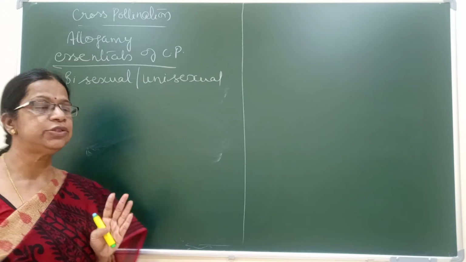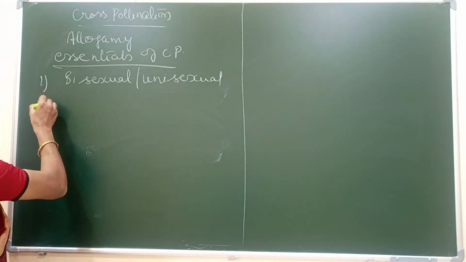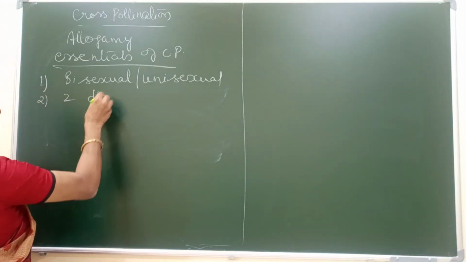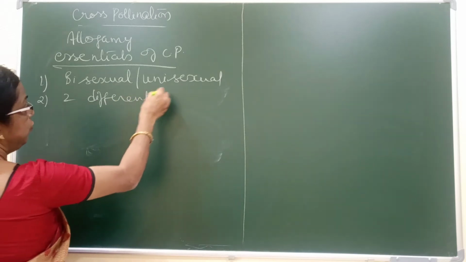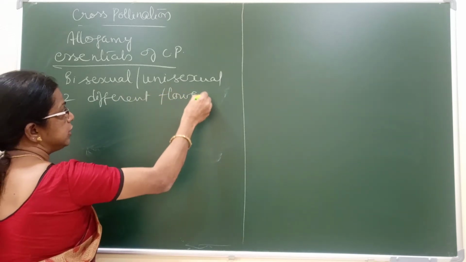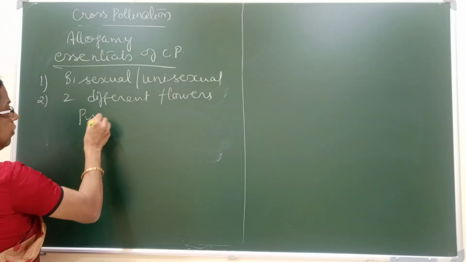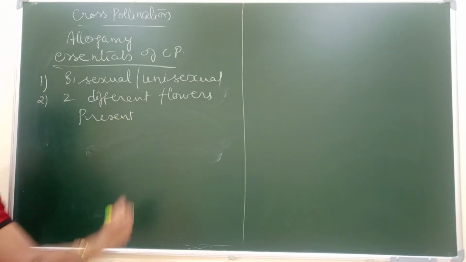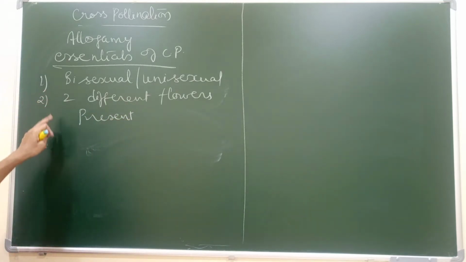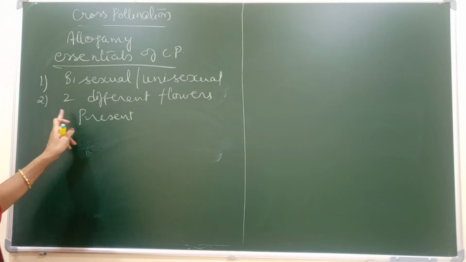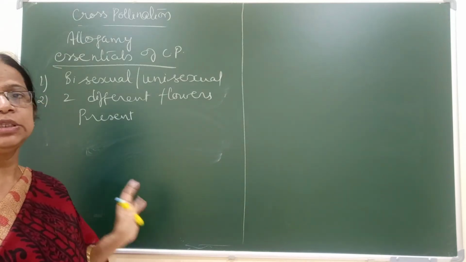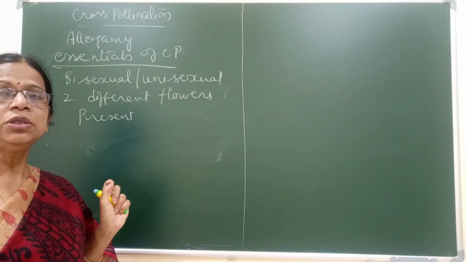That is the first essential condition. And two different flowers must be present. So these are the essentials of cross pollination. Pollen involving two different flowers, that we call cross pollination.